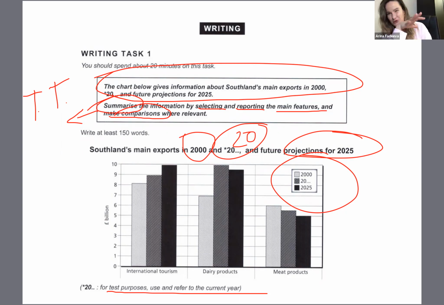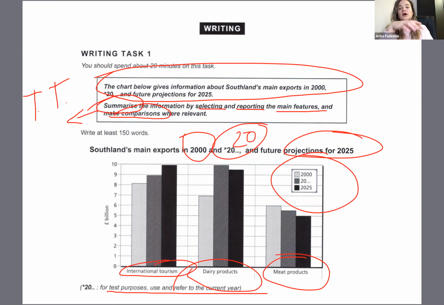So just show your grammar level here. Summarize just the big picture: what has happened or will happen.